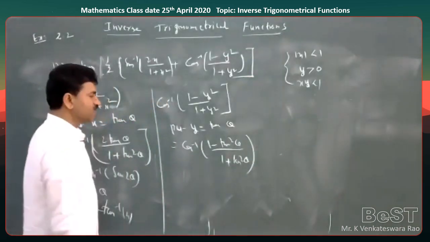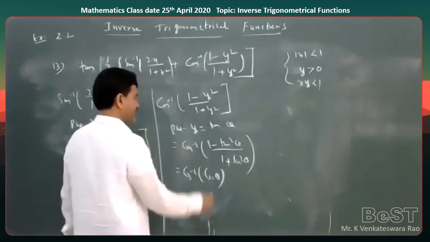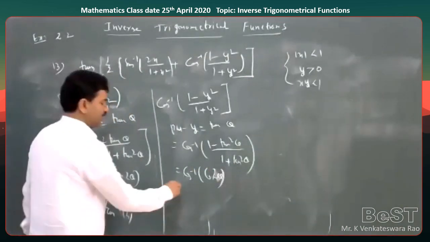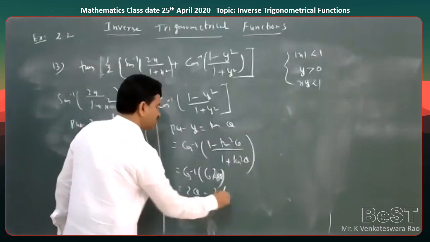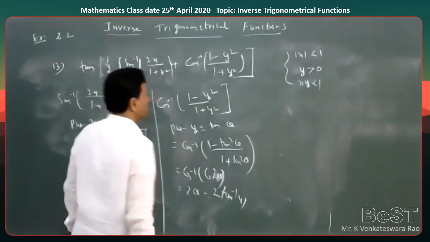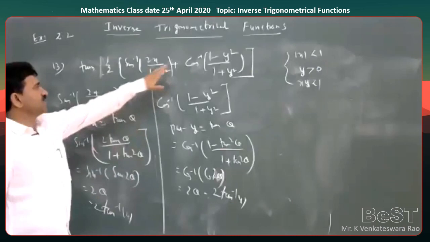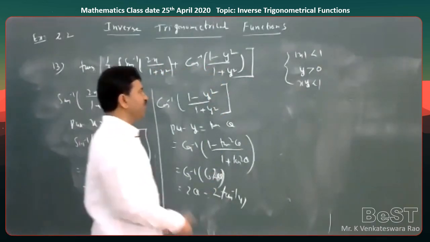Formula: cos 2 theta. So cos inverse of cos 2 theta is 2 theta, which means 2 tan inverse of y. So we proved the first value as 2 tan inverse of x, and cos inverse of (1 minus y square) by (1 plus y square) as 2 tan inverse of y.